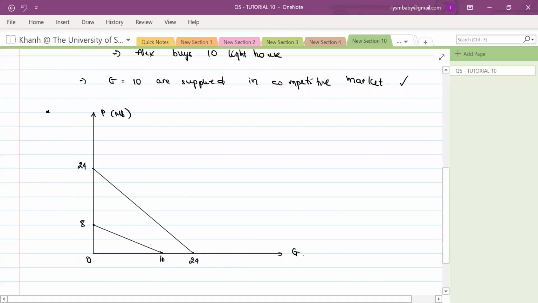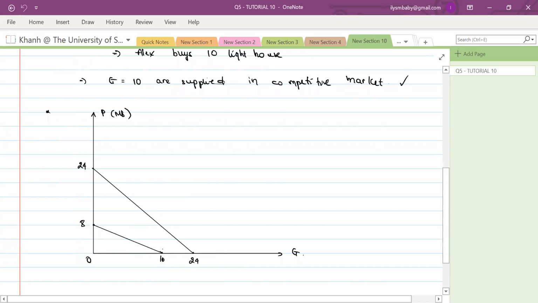As you can see, for any quantity from 16 to 24, we only have the marginal benefit for Alex. At the quantity 16 over here, the marginal benefit for Beatrix is already 0, so she is not going to be paying anything.